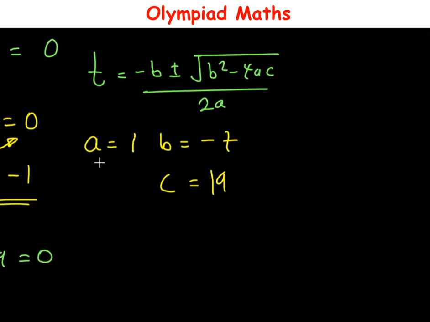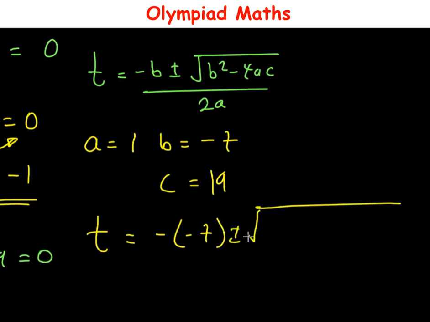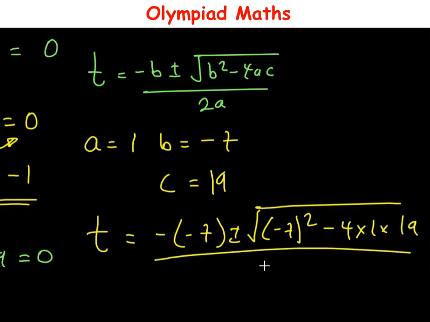Okay, so then inputting the value of a, b, c into the formula, t is then equal to minus b, which is minus minus 7, plus or minus square root b squared, b is minus 7, so minus 7 all squared, minus 4 times a is 1 times c is 19, then all over 2 times a is 1.